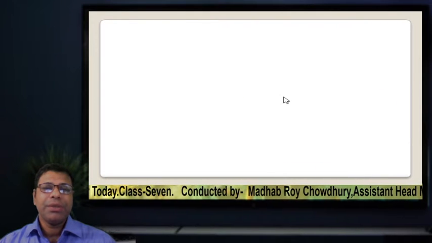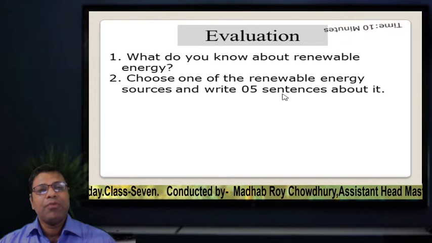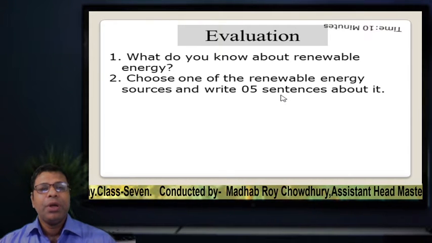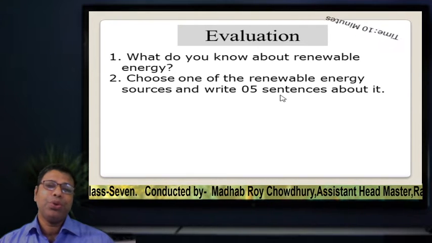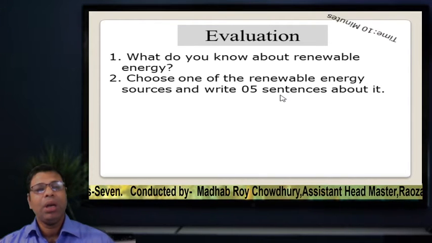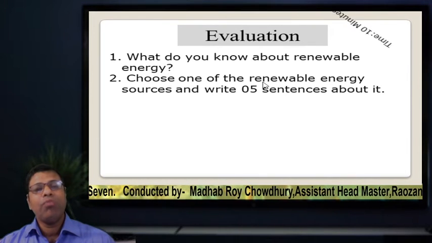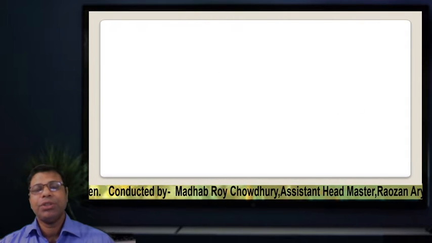Okay, dear students, now I have two questions for you. Try to write down in your exercise book, what do you know about renewable energy? This is the first one, and second one, choose one of the renewable energy sources and write five sentences about it.